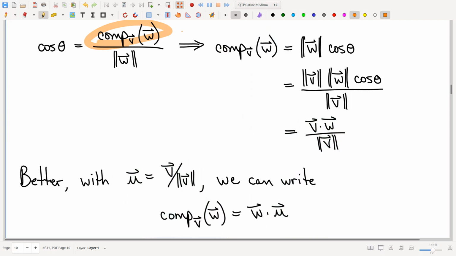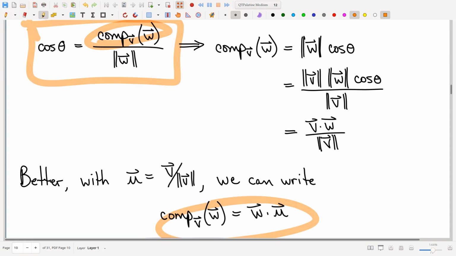But the point is that this is how you compute components. The only reason I wrote this down was because it was a way to get what I want to find on the board so that I can solve for it. So component is not a means for computing cosine theta in most cases. Rare circumstances, I suppose, it could come up.